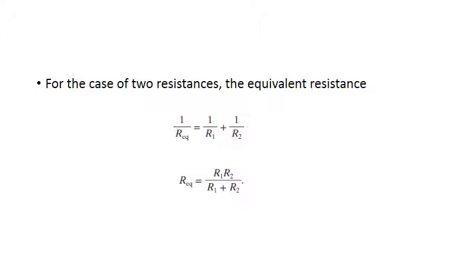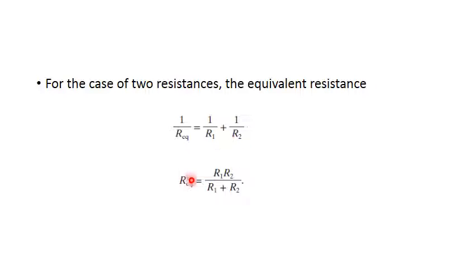For a special case, if we are talking about just two resistors in parallel, we say that 1 over R equivalent equals 1 over R1 plus 1 over R2. We have only two resistors. So by making the denominator the same, we can say 1 over R equivalent is R2 plus R1 over R1 multiplied by R2.